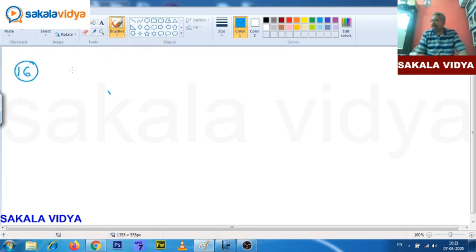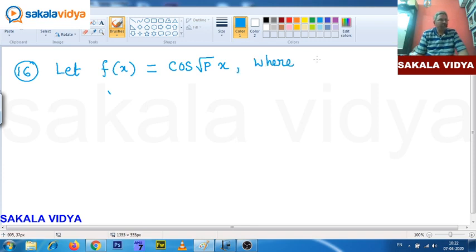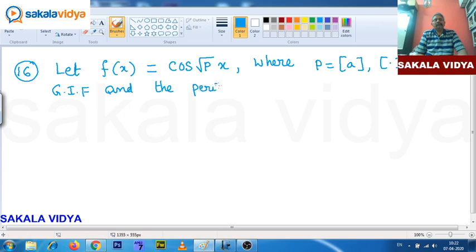16th question. Let f of x be equal to cos root p of x, where p is equal to the integral part of a, this is the greatest integer function, and the period of f of x is pi.